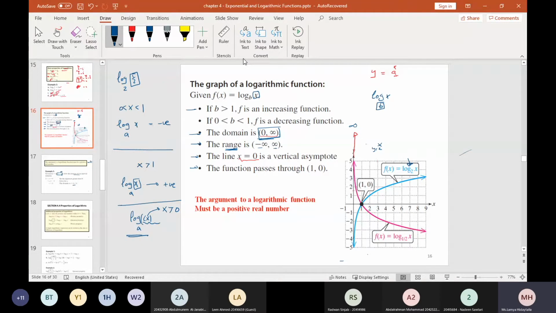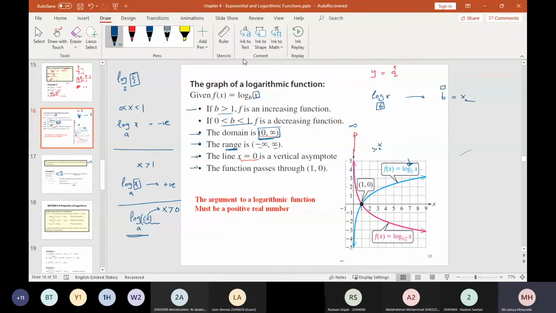So anyway, either greater than 1 or between 0 and 1. This is first of all. But what is the meaning of this? The meaning of this is the same as b to some power is equal to x.